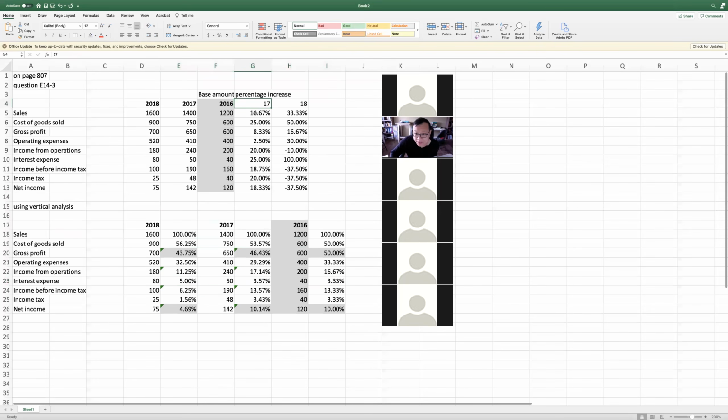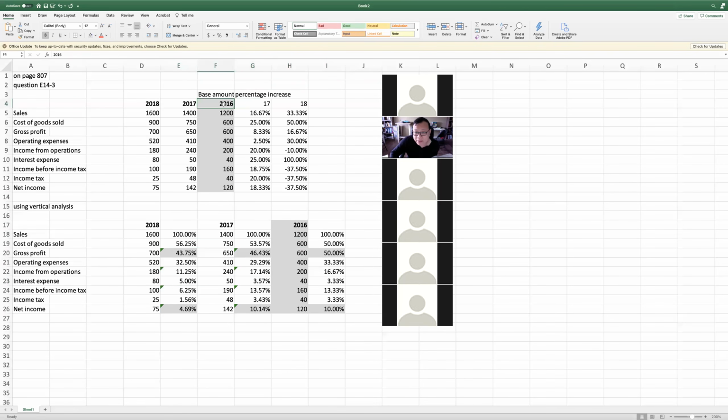If you want to calculate the increase, you compare to 2016, because 2016 is the base year. So for this case, I'm going to use my 2017 number, and I'm going to calculate the difference from 2016, which is the base amount, and divide that by the base amount. So I use 1400 minus 1200.